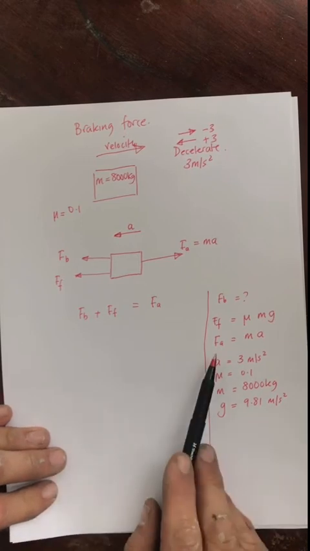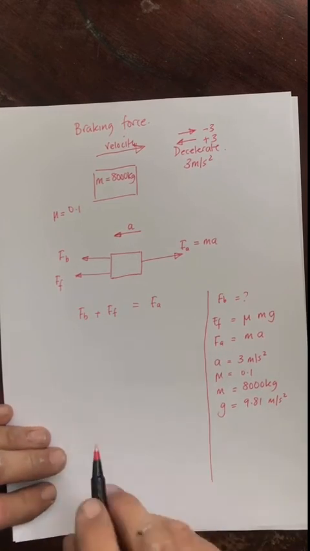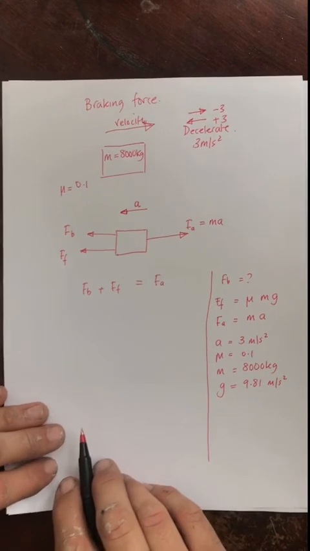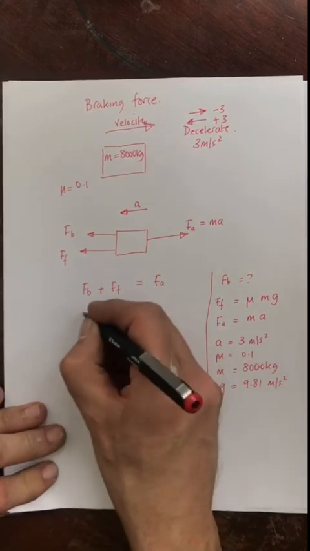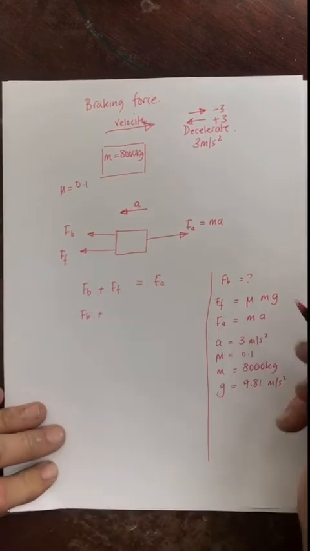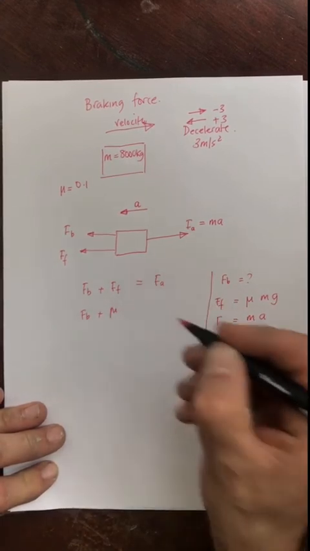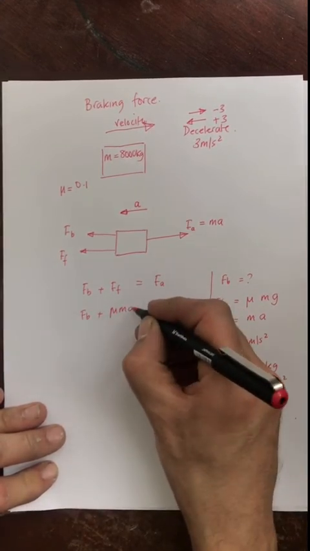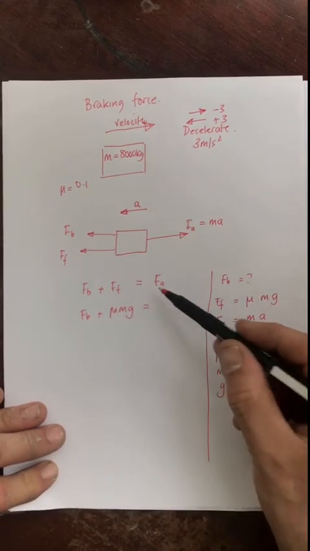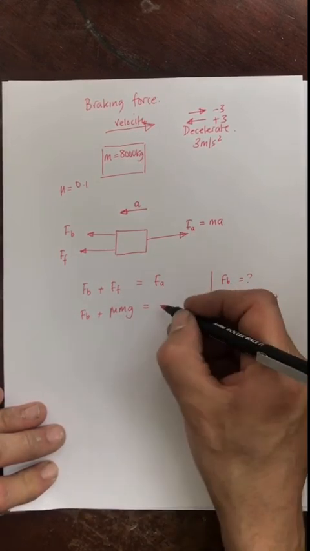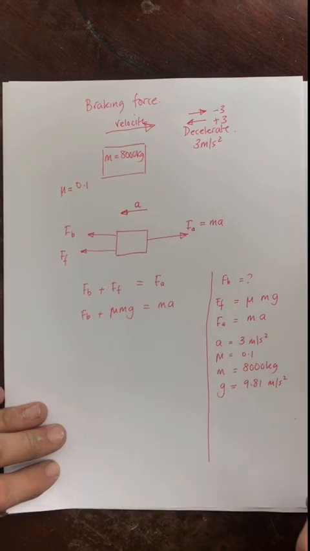So I can start to substitute some of these into my formula, and then I'm going to rearrange it to make FB the subject. So I have got FB plus friction force, substitute in for FF, and that's mu mg, and the force causing the acceleration we're going to substitute in ma.